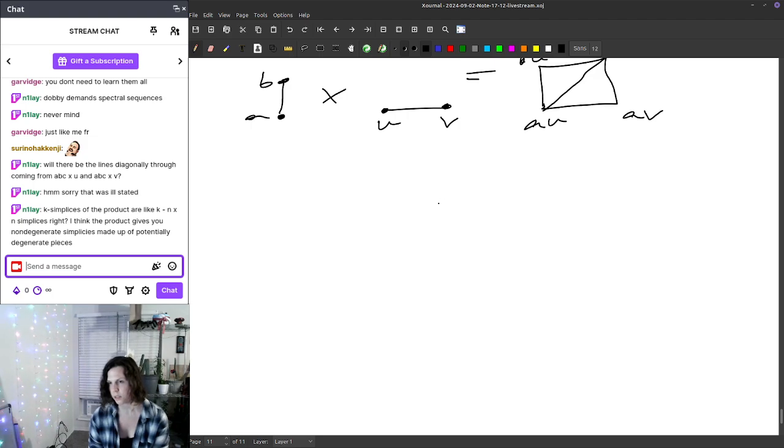So k simplices of the product are like k minus n across n simplices, right?